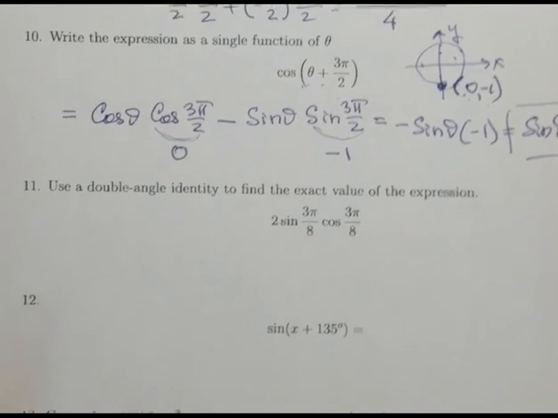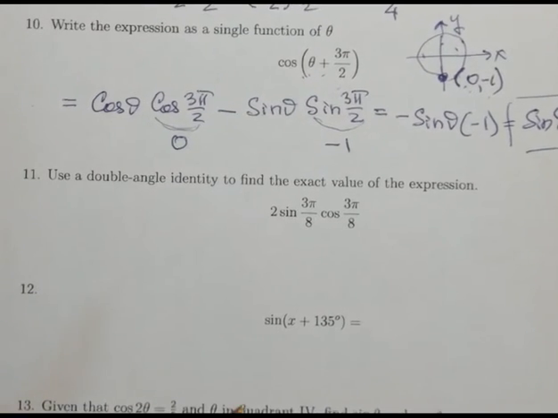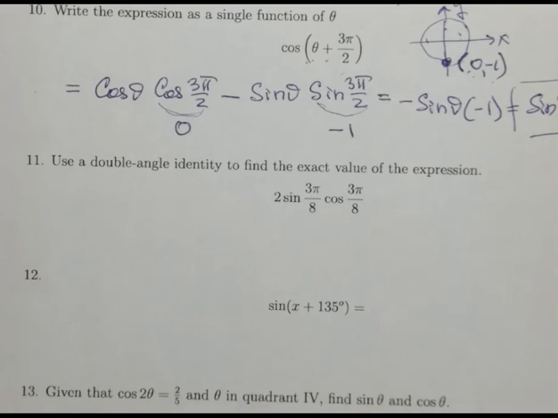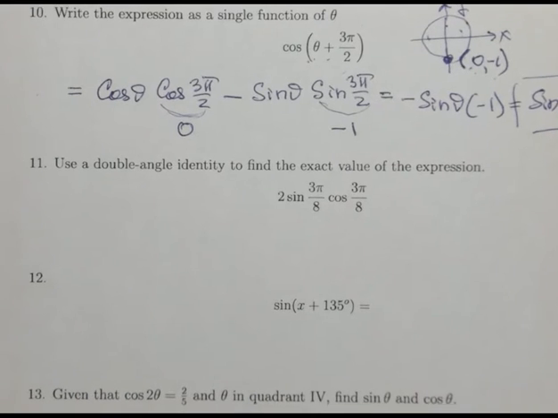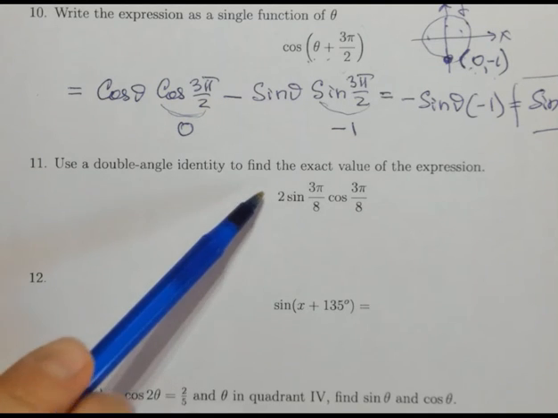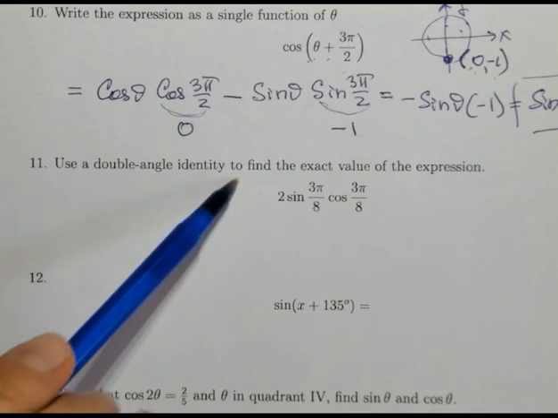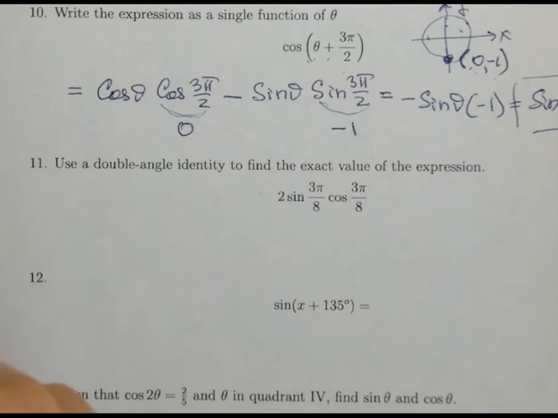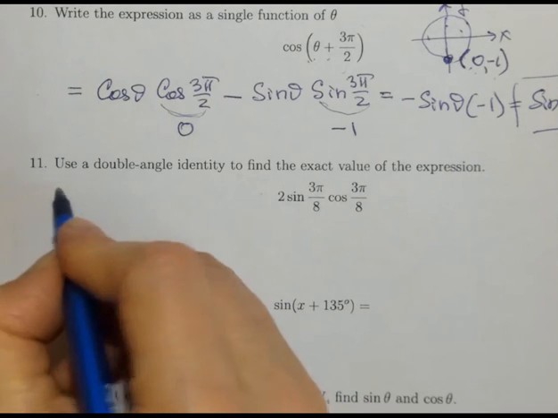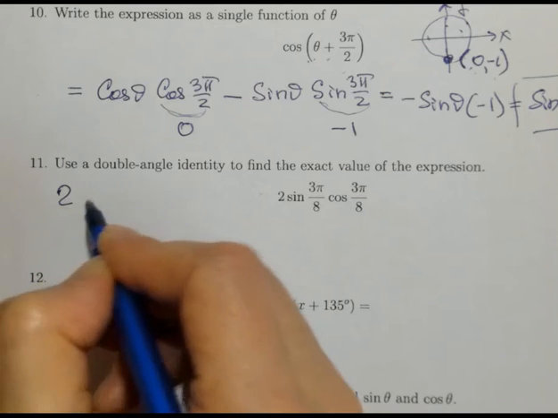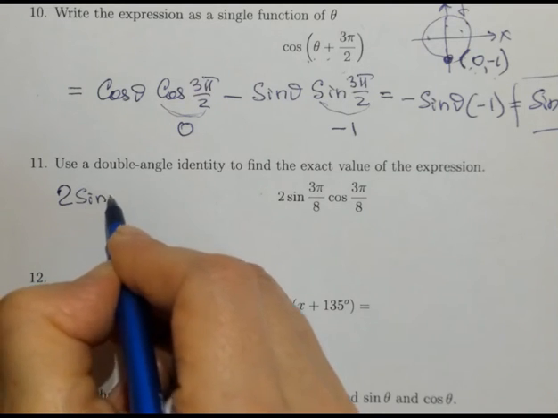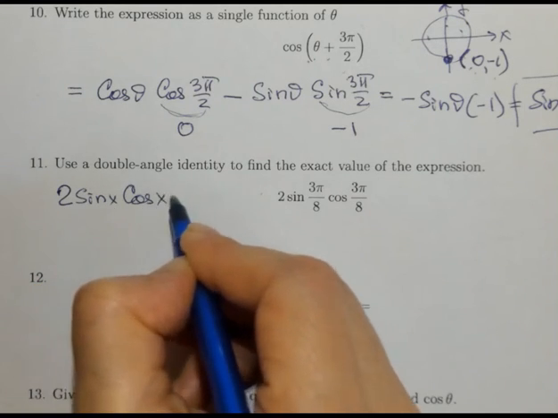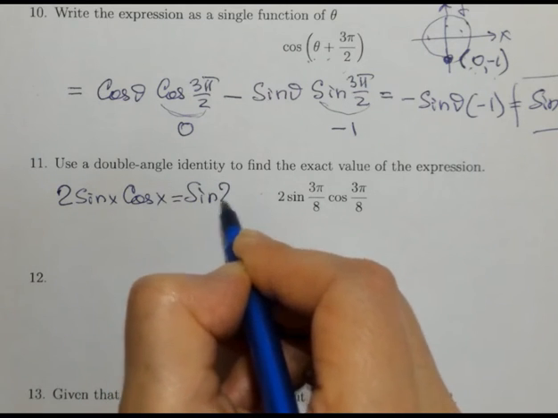Use a double angle identity to find the exact value of the expression 2 sine 3 pi over 8 times cosine 3 pi over 8. This looks like a part of the double angle sine identity. Let us look at this identity. 2 sine x cosine x equals sine of 2x.